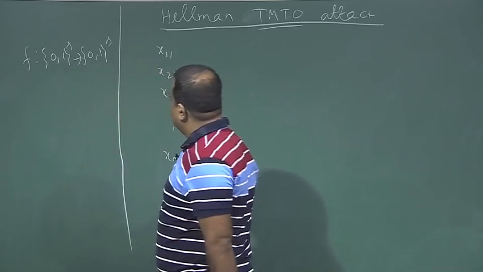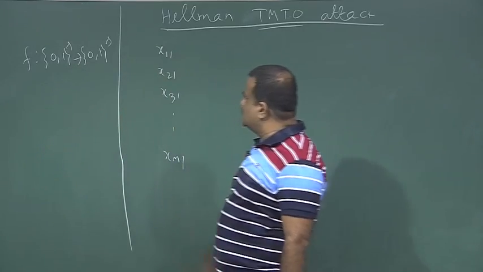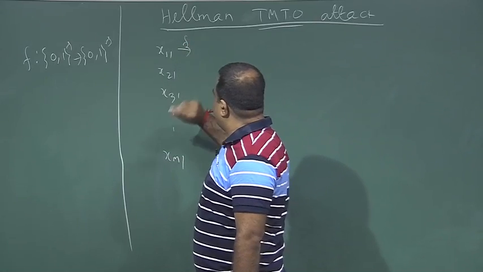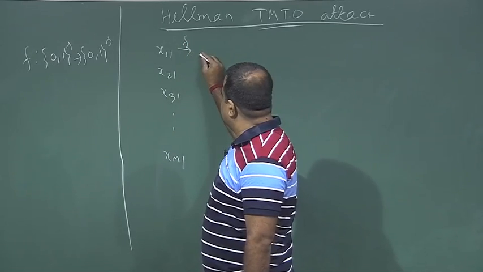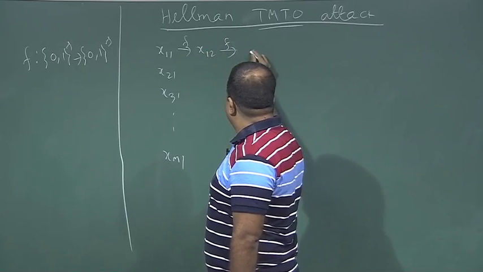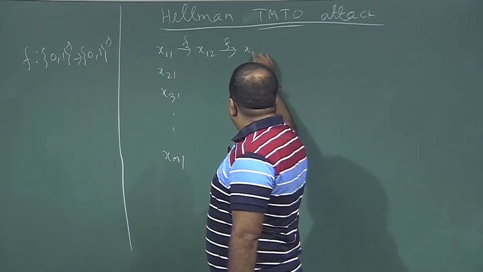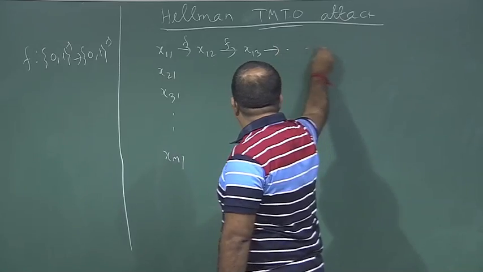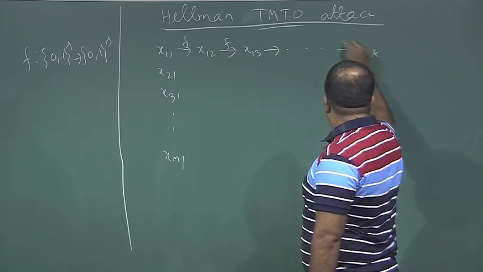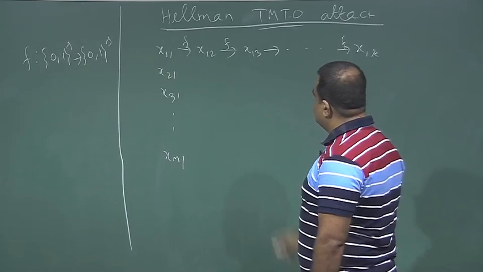Then Hellman computes a chain: apply f on it, and it will give also an s bit number, so this is x 1 2. Again apply f on it, x 1 3, like this. Continue up to x 1 t. Okay, so this is a chain.